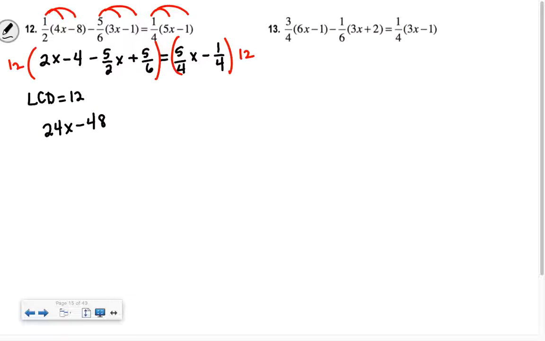How about the next one? 12 times negative 5 over 2. Negative 30? Did I hear 40? Negative 30. All right, so negative 30x. And then plus, all right, 12 times 5 over 6. Well, what's 1/6 of 12? 2, right? So what's 5/6? Right, 10, exactly.